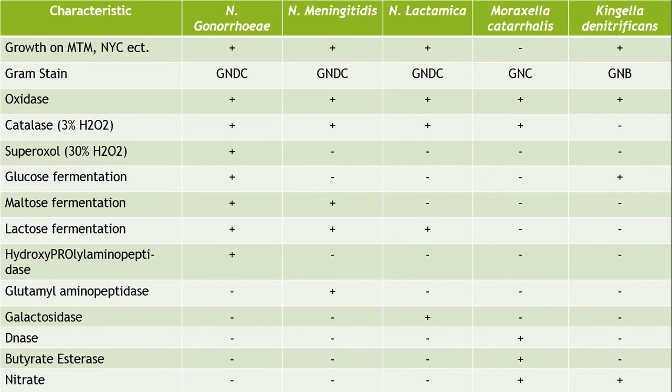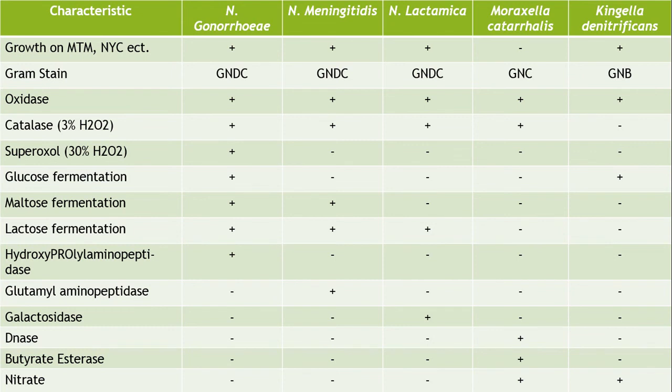So we know that Neisseria and Moraxella are both catalase and oxidase positive, so it's positive all across the board here. Growth on modified Thayer-Martin or New York City, that's selective media for gonorrhea and meningitis, right? So your Neisseria will grow on that.